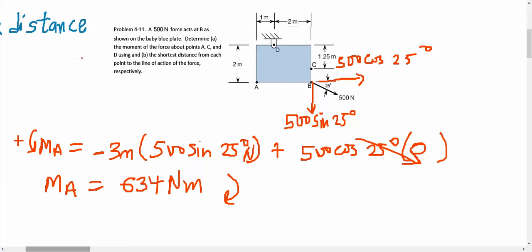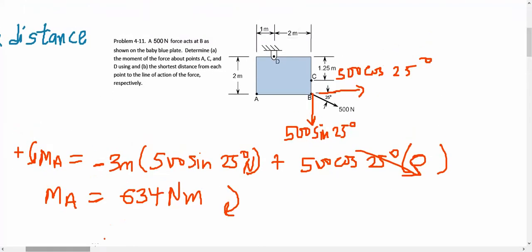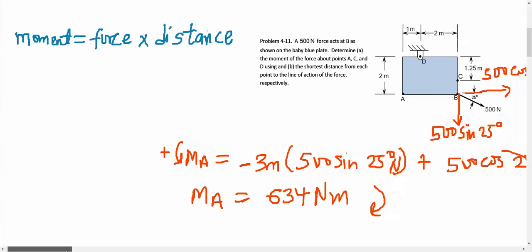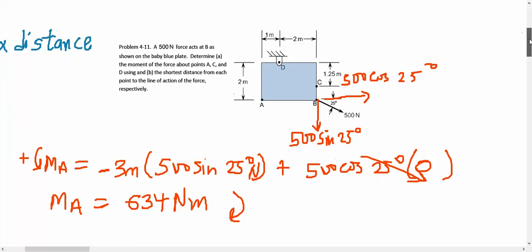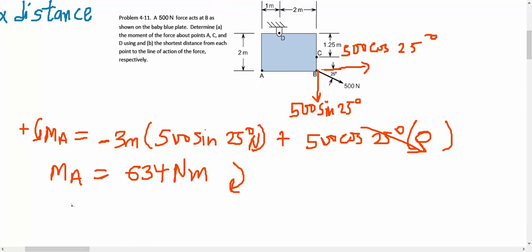The next step here is to find the shortest distance. Well, like I said in the beginning, the moment equals force times distance. So how can we find the shortest distance? We can derive an equation for that. Moment equals force times distance. Therefore, the distance equals moment over force when you divide both sides by your force.